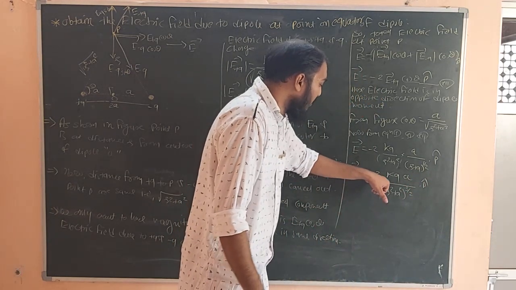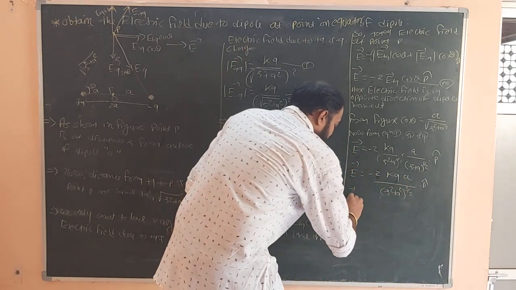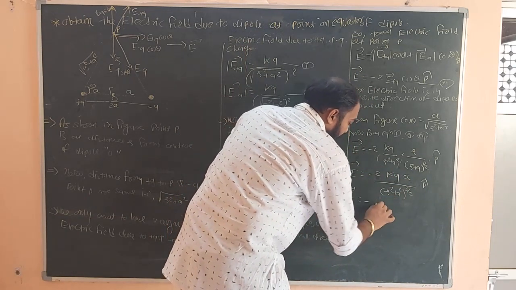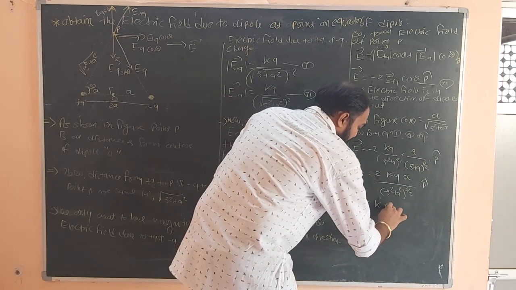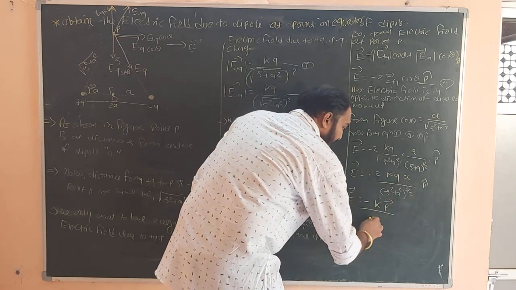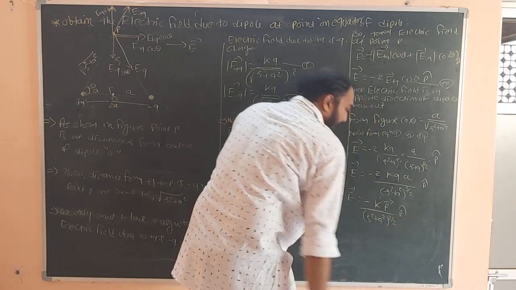Okay, we already know 2AQ is the dipole moment. So vector E is equal to minus K P divided by R square plus A square raised to 3/2, into P caret.